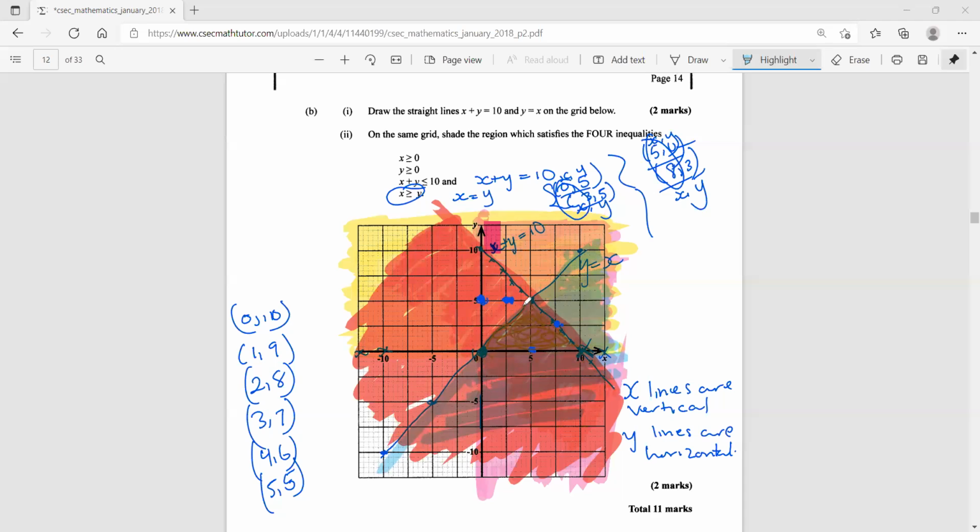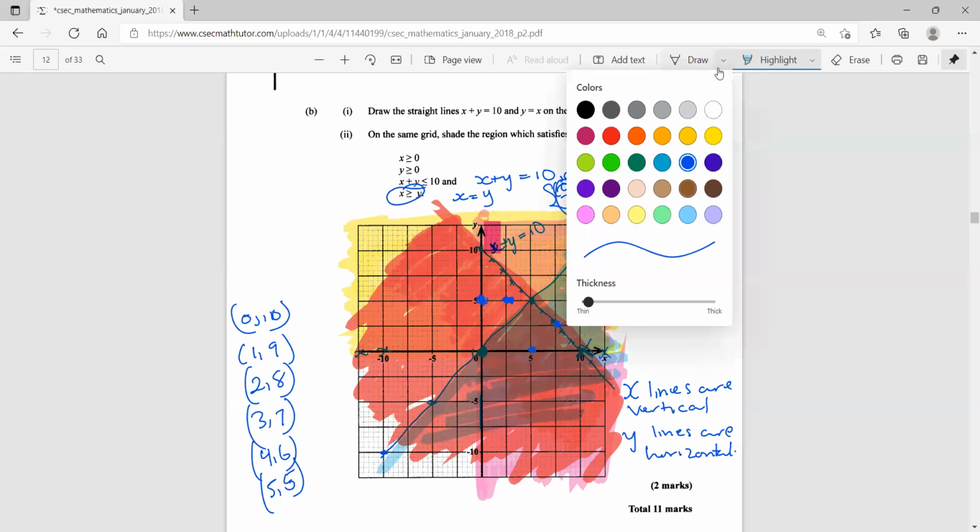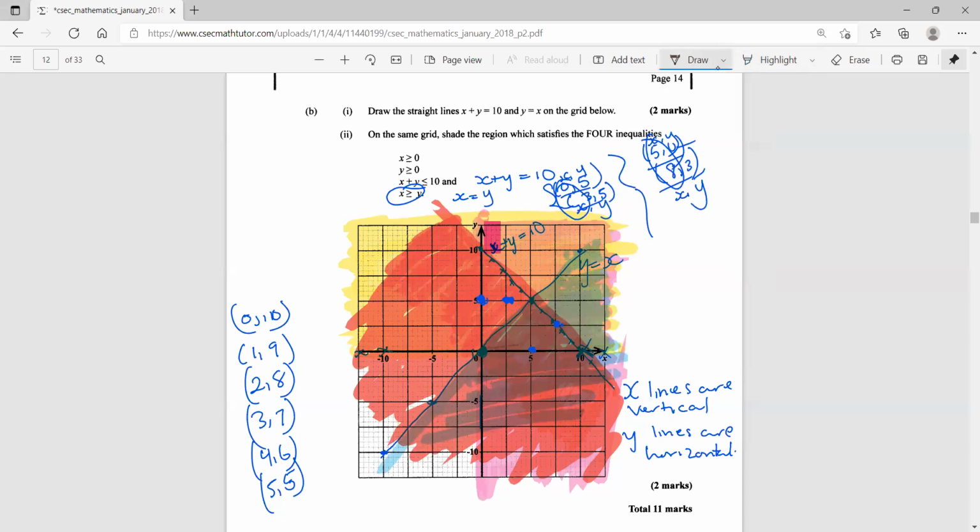Just to recap it, the first line was X is greater than 0, which came across here, right? From 0, we went right. Then we had Y is greater than 0, so we went up here.